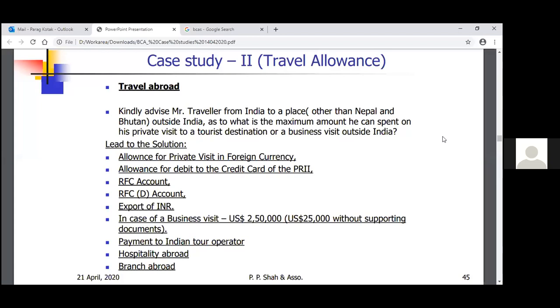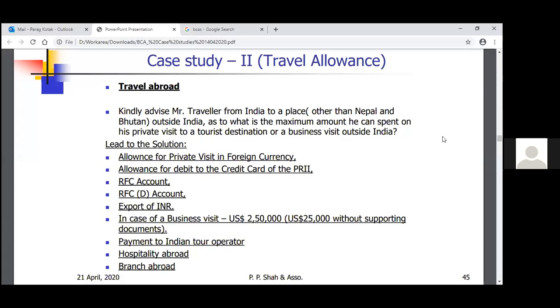Then if you have an RFC account, resident foreign currency account, where money is lying which originated purely from the foreign exchange resources of the individual which he earned outside India and brought into India in the RFC account. Then there is another possibility of an RFC domestic account that also can be utilized.